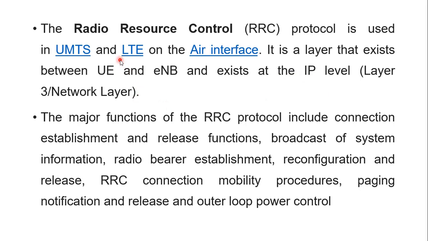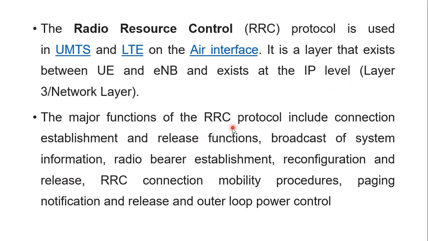Okay, this is only for your general information, for your understanding of what exactly RRC means. The RRC protocol is used in LTE on the air interface. It is a layer that exists between the user interface and the eNode B and exists at the IP level.